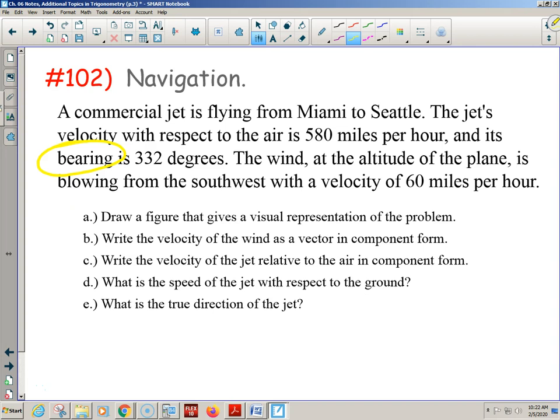So here's what I want to show you in this problem, just kind of the basics of it. As we read through this word problem, I see wind and I see a jet. I see also the wind has a velocity of 60 miles. That's its magnitude. And I see the jet as how fast it's trying to go.